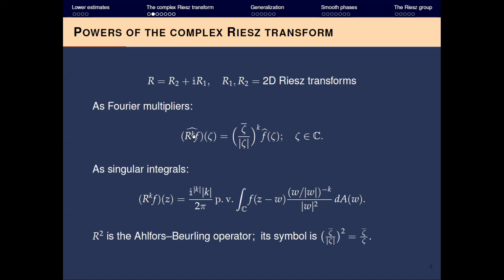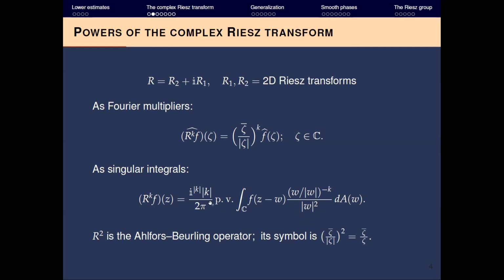So the kth power of this operator also has a very simple symbol. It's just the symbol that I mentioned, raised to the power k, nothing else. So in this particular case, in the case of this operator R to the k, you can even compute the kernels. And the kernels are also quite explicit. They look somewhat similar.